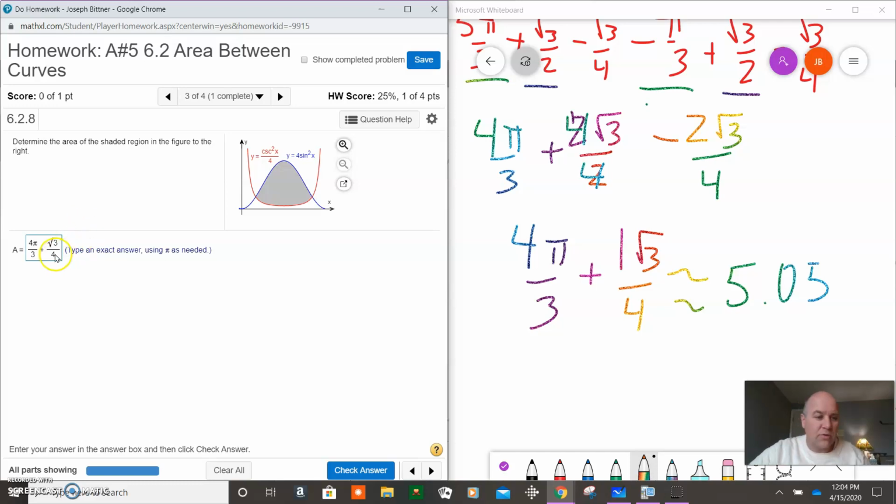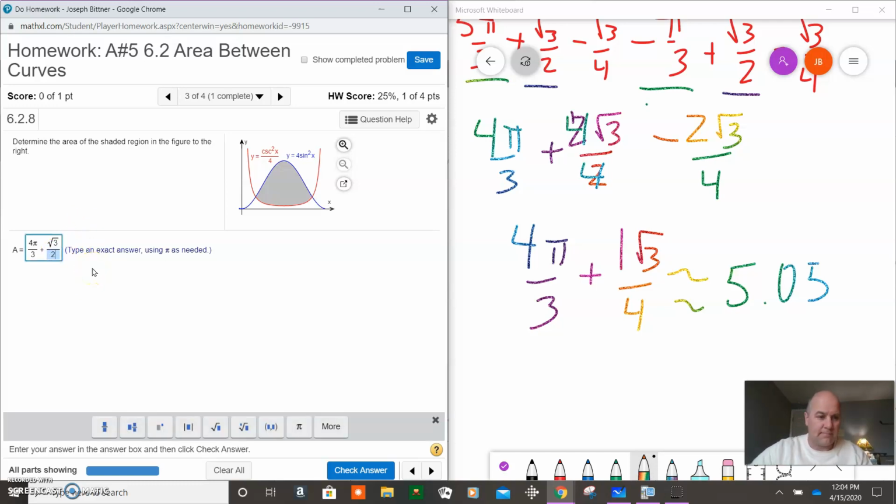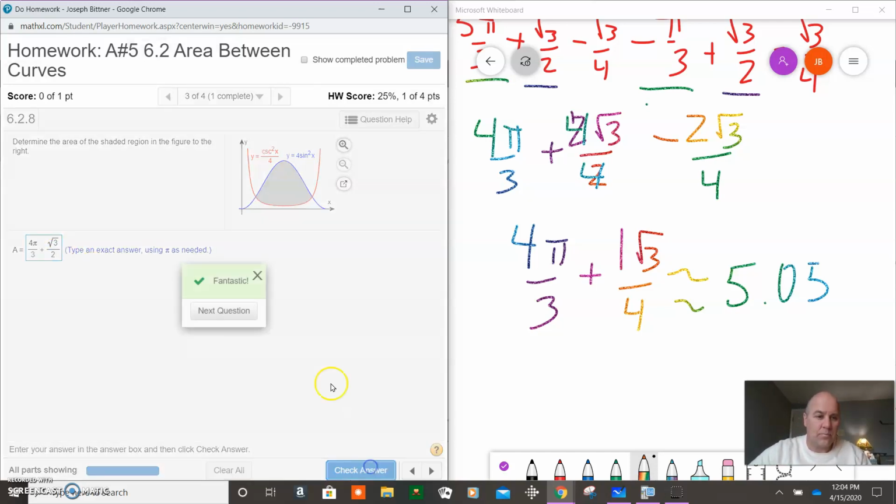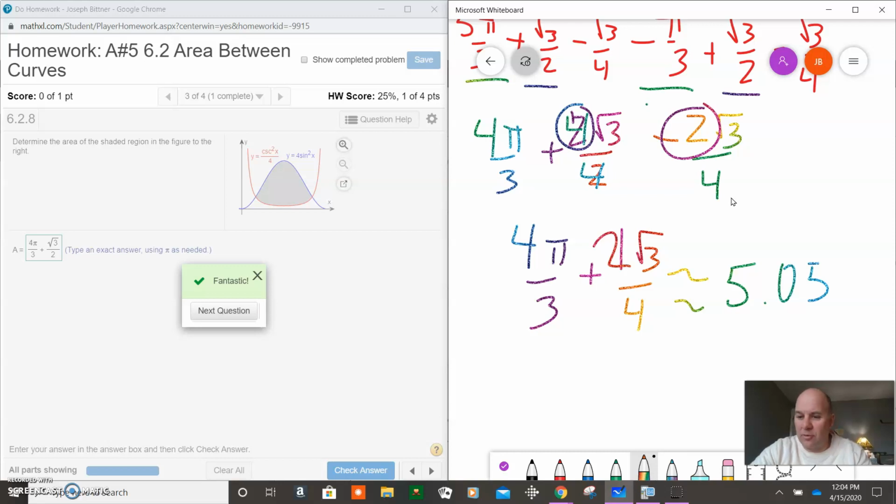I'm sorry, over 2. There it is. And the reason why it's 2 is because whenever I subtract this, 4 minus 2, I actually get 2 square roots of 3 over 4, which reduces down to 1/2.